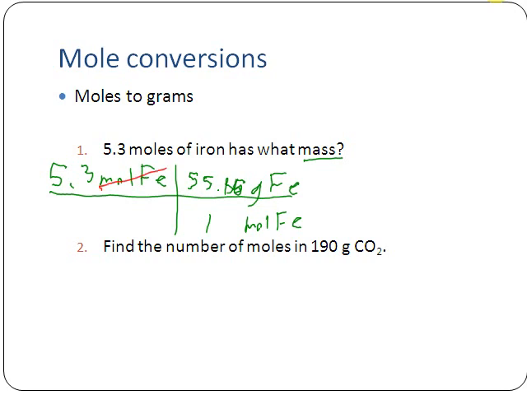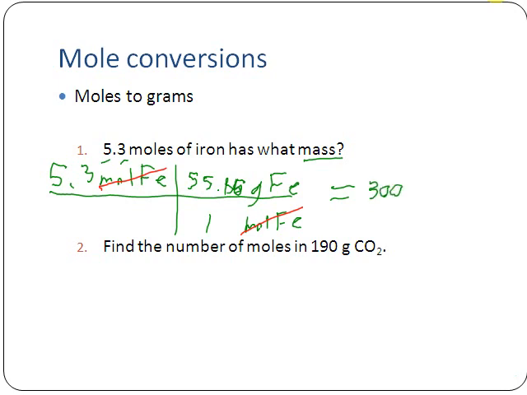Units, moles iron cancels off. That gives me only grams iron left. And so once again, let's plug it into the calculator. Multiply across the top. 5.3 times 55.85 divided by 1. And so we end up in this case with an answer of 296. Since we only have 2 significant figures here, that's actually going to round to 300.